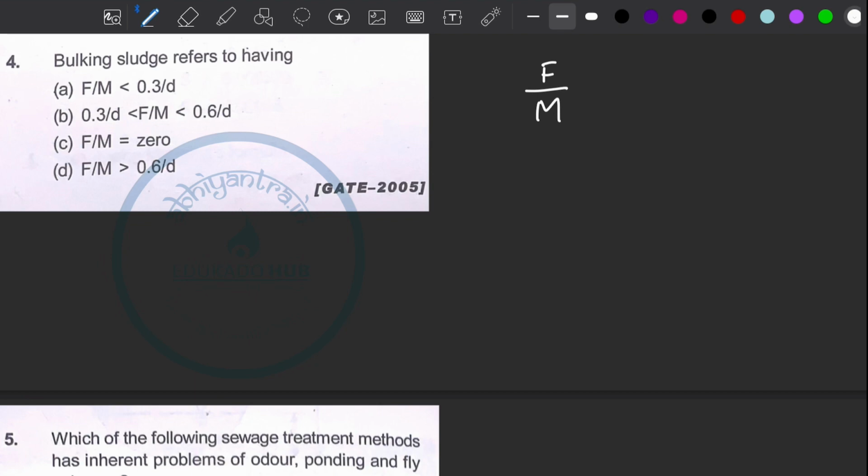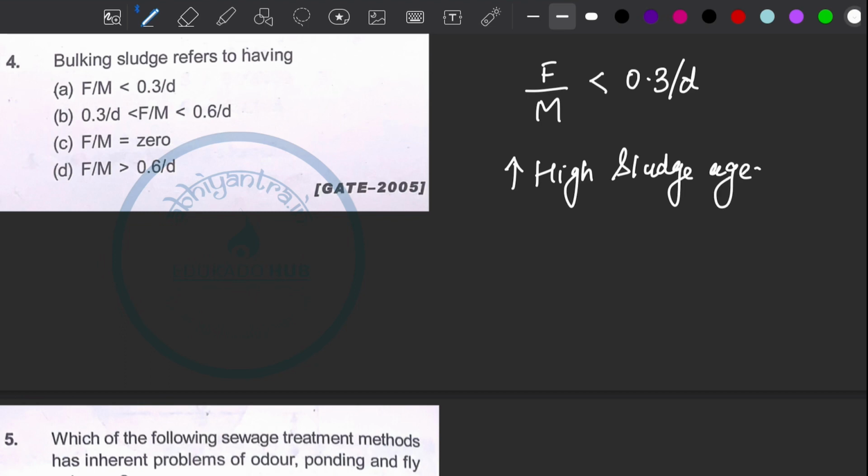If the food to mass ratio is less than 0.3 per day, with low nutrient concentration and high sludge age, these are the factors that affect sludge bulking. So bulking of sludge, option A, will be the correct option.